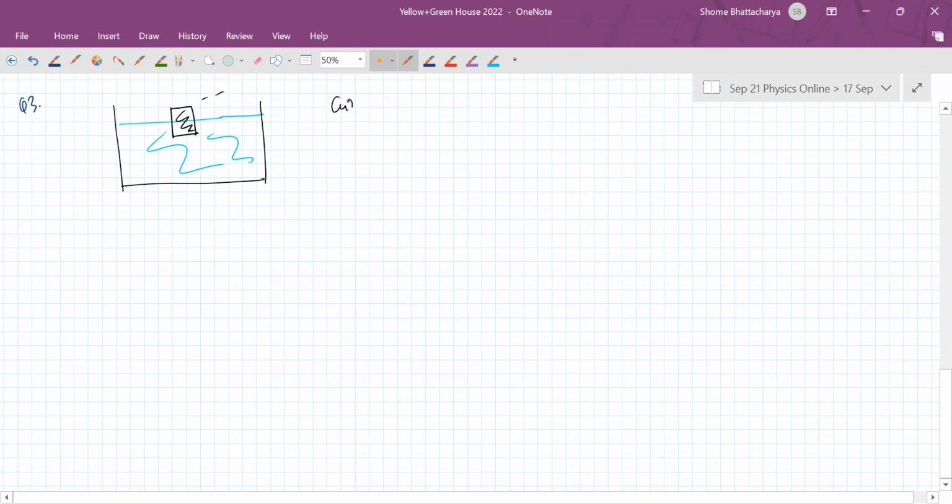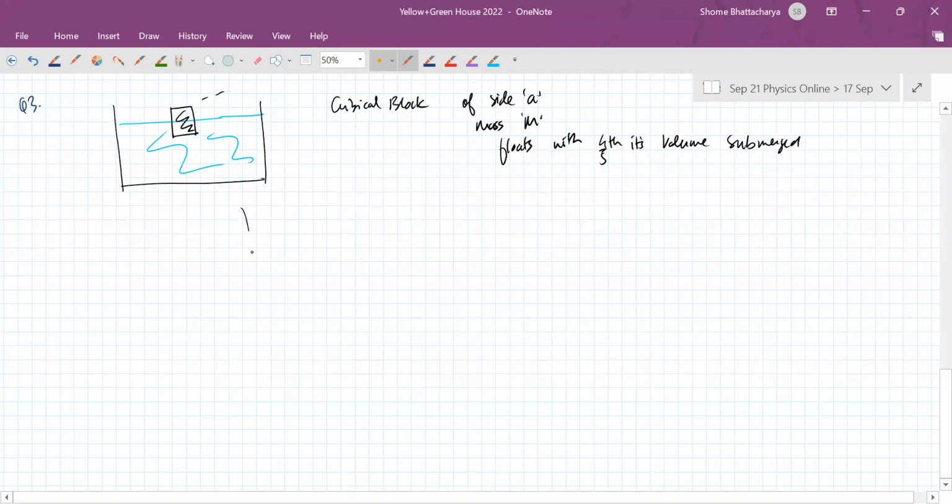So this cubical block, of side length A and mass M, floats with 4/5 of the volume submerged. That is the first information that is given.